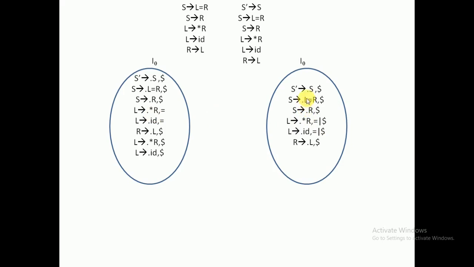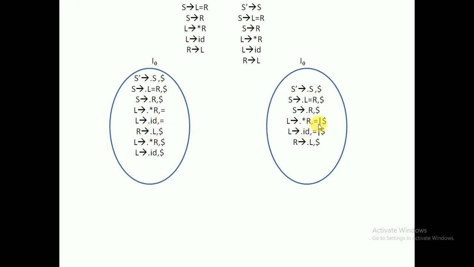Okay. So here S' derives dot S, dollar, and there is no change in the second production or third closure. But here we are combining the L productions, because L derives dot star R, and here also L derives dot star R. Here the lookahead is the assignment operator equal, and here it is dollar.